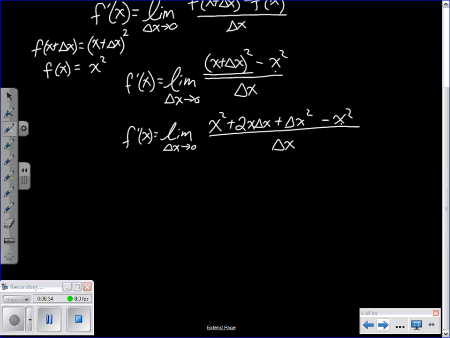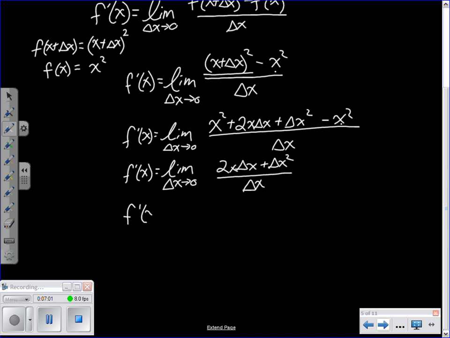What you'll notice now is that everything without a delta x is going to cancel. So x squared minus x squared is 0. So what I have is f prime of x equals the limit as delta x goes to 0 of 2x delta x plus delta x squared, divided by delta x. What I can do at this point is factor out delta x from the numerator.